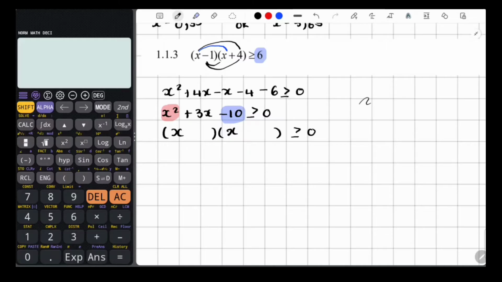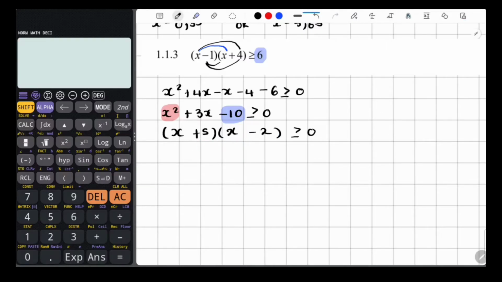So factors of 10 can be 2 multiplied by 5, right? But one of them has to be negative. How can we write them so that when we add them together, they give us a positive 3 in the middle? You could have said 5 minus 2. So positive 5 and negative 2. That's one way you could have factorized it.